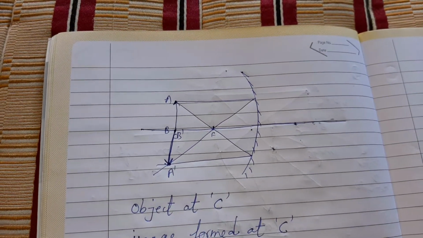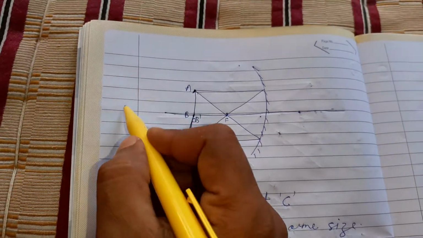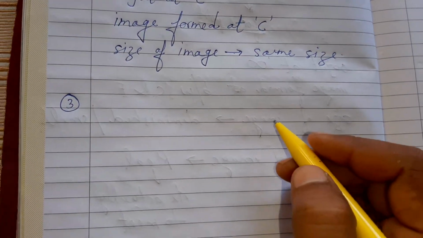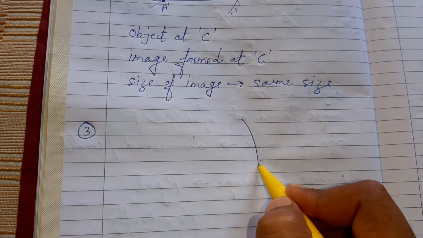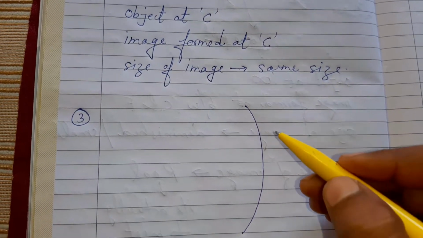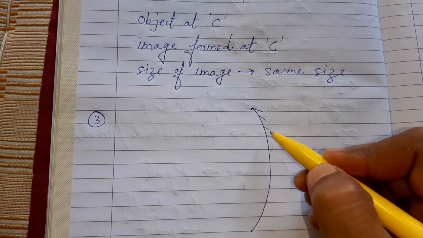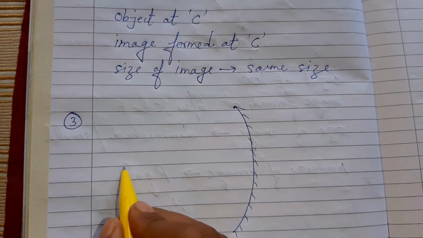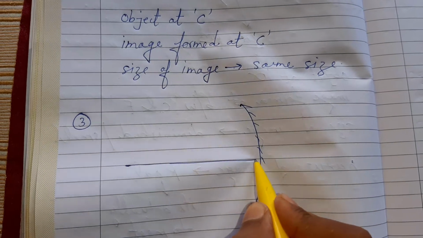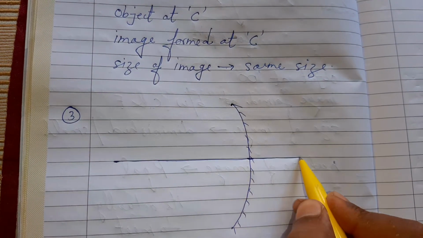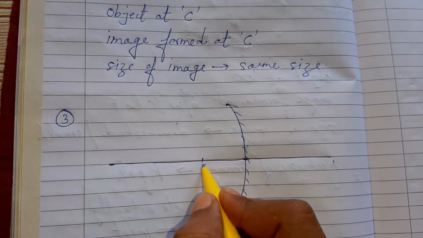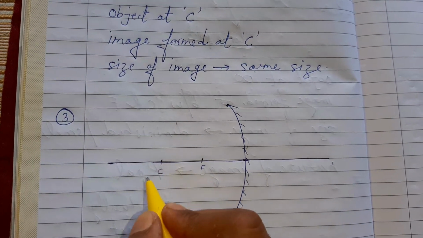So this is the second condition. For the third condition, I will make again a mirror with backside coating and make a principal axis. This is the focus point, this is the center of curvature.